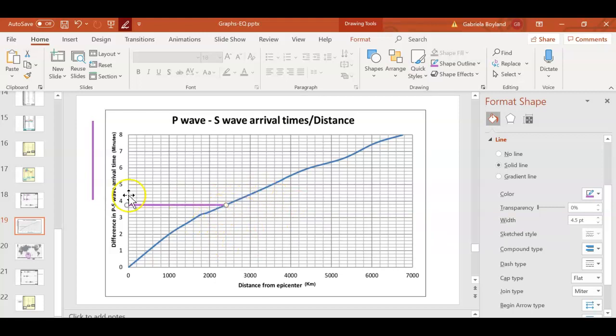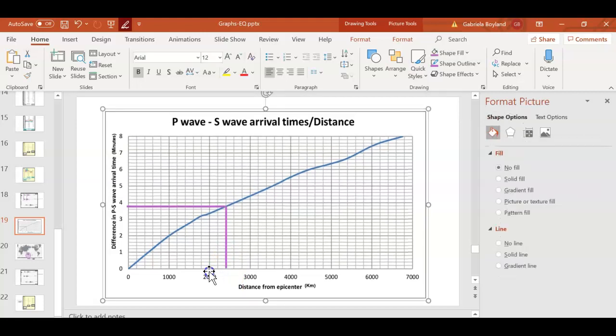Once it hits the curve, I'm able to find where that lies in terms of distance on the x-axis. As we're seeing, this falls between 2,000 and 3,000. There are 5 increments, so 1,000 total kilometers divided into 5 is 200.